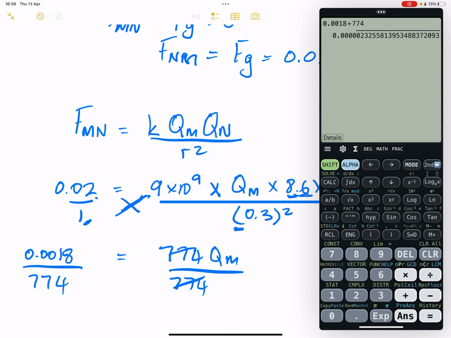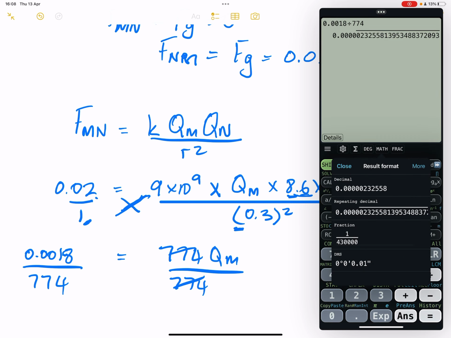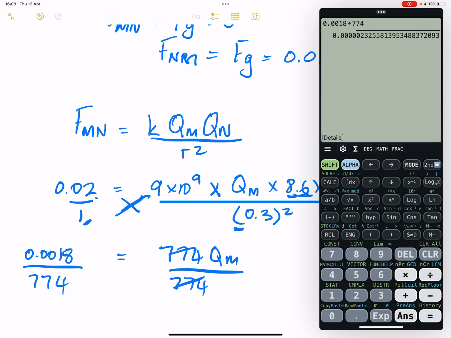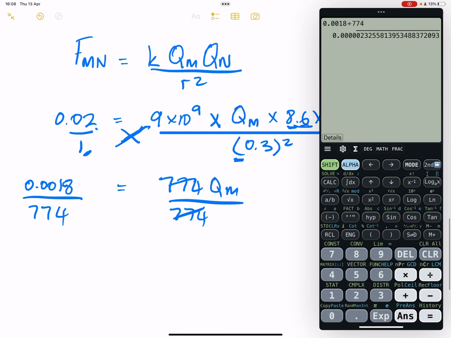I'm trying to get it into scientific form there. So that's 2.33, I think. So that's 2.33 times 10 to negative 6 coulombs.